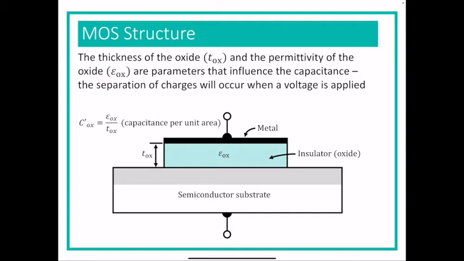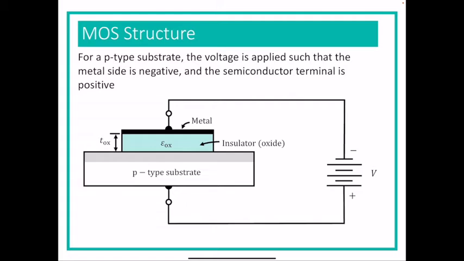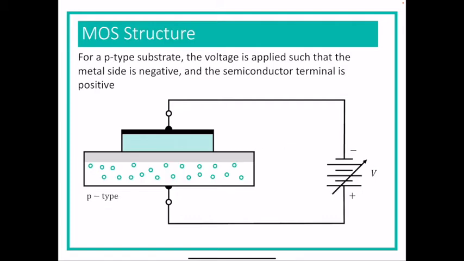The first thing we're going to look at is a P-type substrate. So there's P-type material as the semiconductor, and then we have some type of insulator and then the metal. We are attaching a voltage source such that the metal side is negative. So there's actually a negative charge connected to the metal and a positive charge connected to the semiconductor.